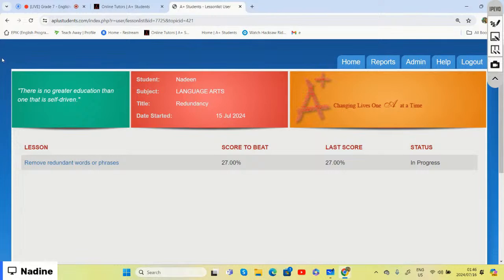So if the sentence still means the same even after we have removed the specific word, it shows it was redundant.